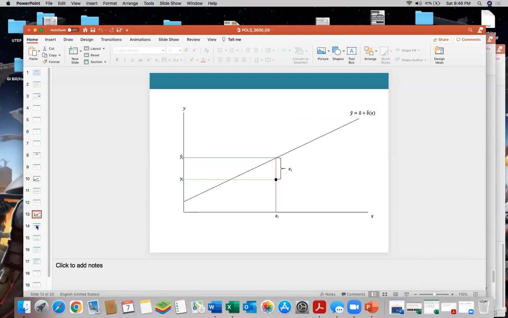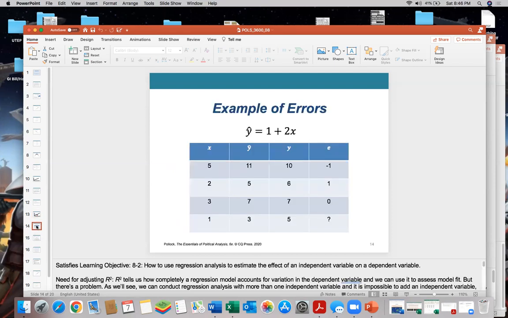And so those are residuals. Any questions on residuals before we go forward? Just to make sure, the residuals are the observed minus the predicted, right? Correct. Okay, thanks.